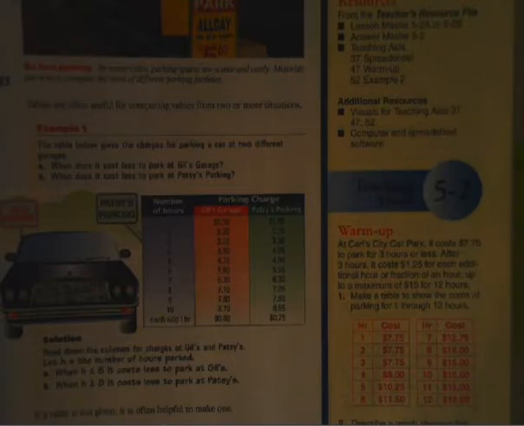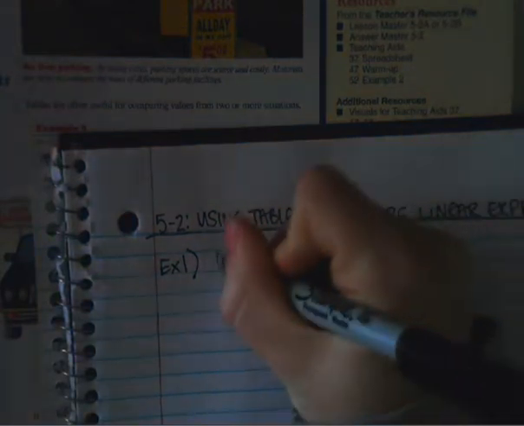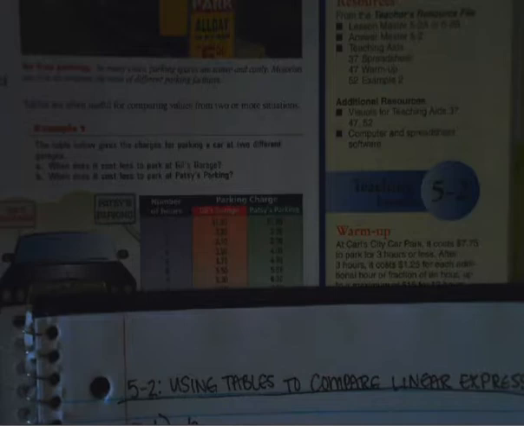So for part A, it is cheaper to park at Gil's when I have less than 7 hours, but I don't know about 6.5 hours, so to be sure I'm going to say at 6 hours or below is when Gil's garage is cheaper.